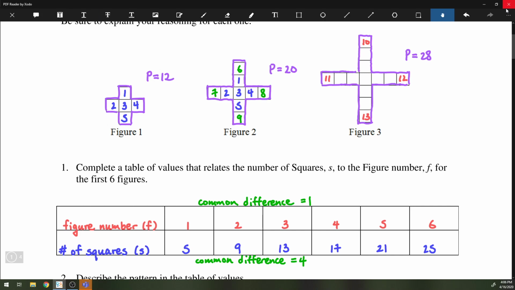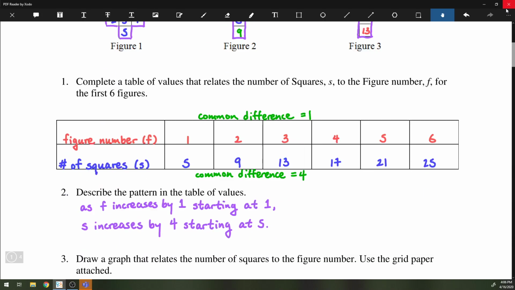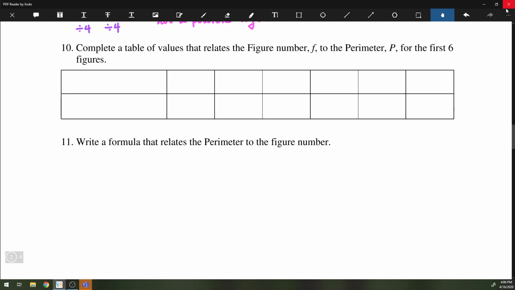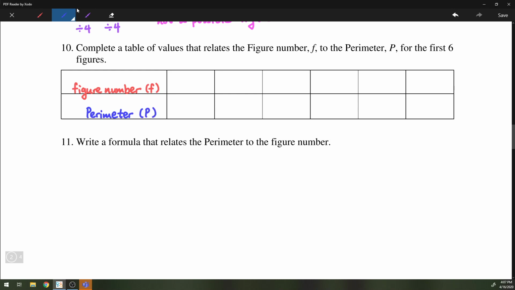So we can use this information to fill out our table of values right here. So again, we have the figure number, f, and the perimeter is our dependent variable, so this would be perimeter, which is p.